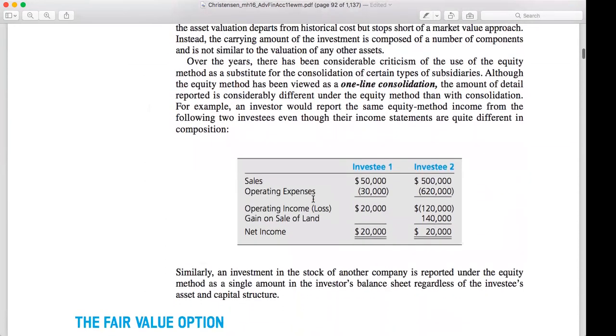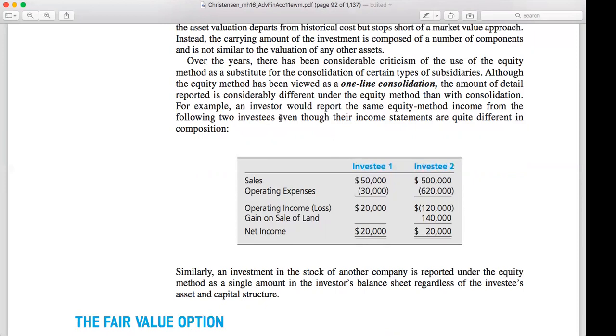Okay, however, even though there is criticism of using the equity method as a substitute for consolidation, it has been viewed as one-line consolidation, right? So it means that the amount or the detail reported under the equity method is different from consolidation.